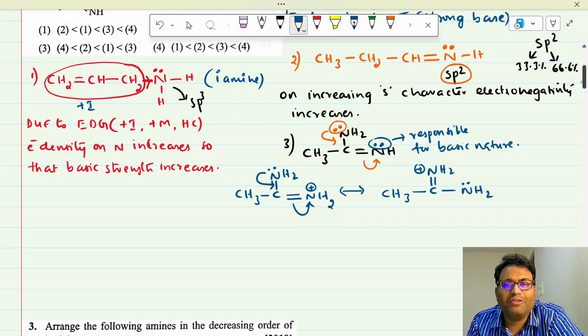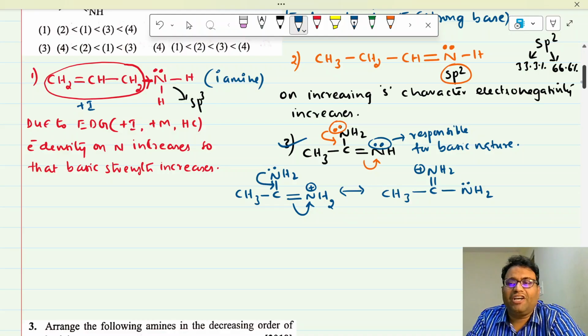Why is it having more basic strength? Why are we saying that this compound has more basic strength? What is the reason? Because after donating a pair of electrons to H plus, the formed species is resonance stabilized. Due to resonance, stability increases.